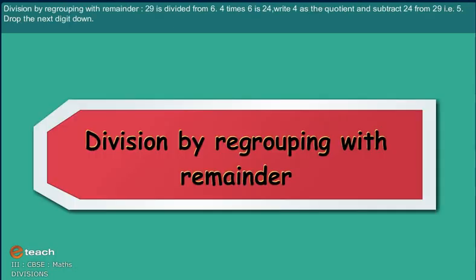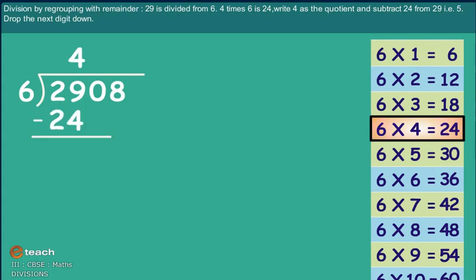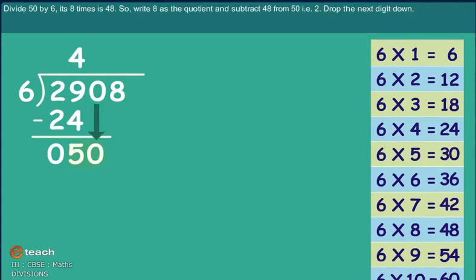Division by regrouping with remainder. 29 is divided by 6. 4 times 6 is 24. Write 4 as quotient and subtract 24 from 29. Drop the next digit down. Divide 50 by 6. 8 times 6 is 48.